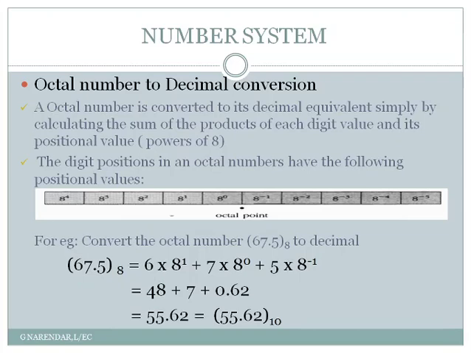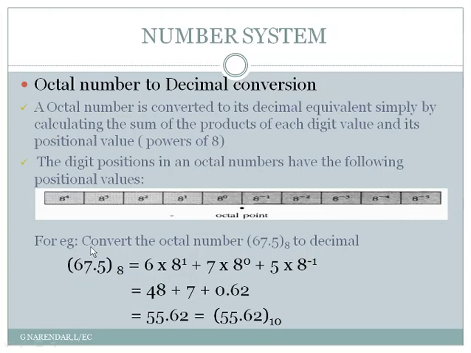Very similar to how you converted a binary number to a decimal number, but here the position values are different. Since it is an octal number, the position values will be powers of 8, but the procedure remains the same. This procedure we can illustrate by an example.